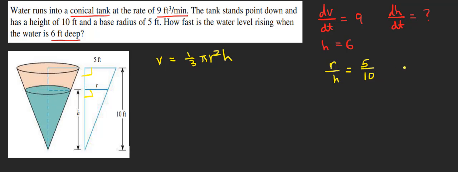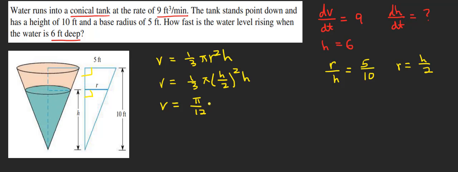This implies that r is equal to h over 2. Now let's use substitution. Instead of r, let's substitute h over 2. After you simplify, you are going to get V equals pi over 12 h to the third power.